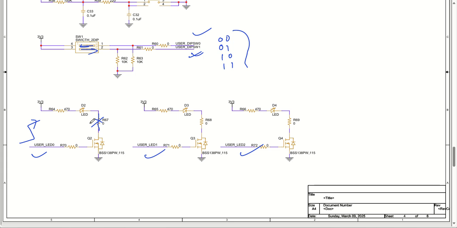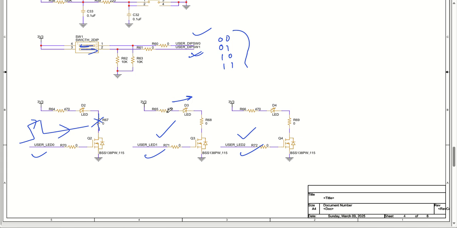And when you want to switch off the LED, you just have to send it low. A low signal will switch off this particular MOSFET, and this is how your LED will switch off. It will glow, it will go off. The same operation is there for user LED 1 and user LED 2. If you have any concern regarding the current variation of the LEDs, you can vary the resistances.